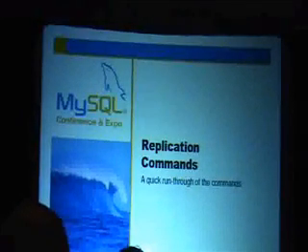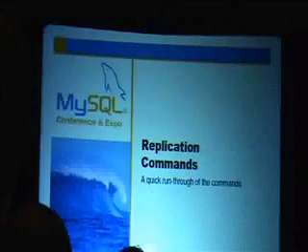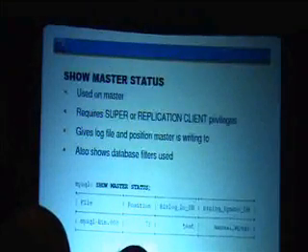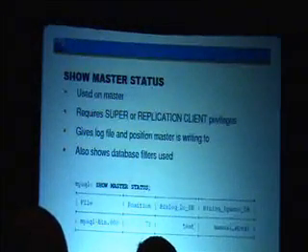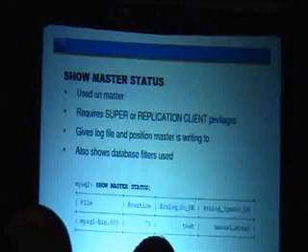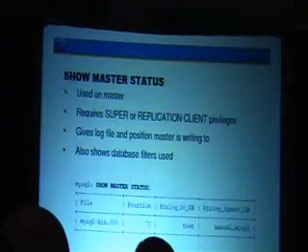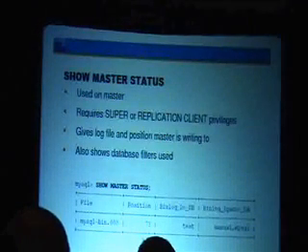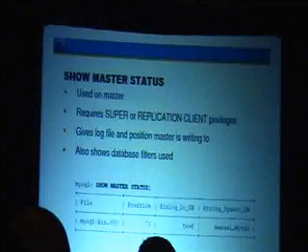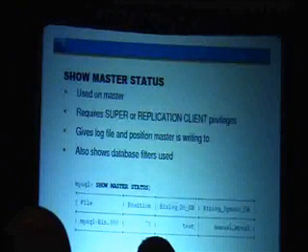So these are the replication commands. We run through them. We have SHOW MASTER STATUS. This is run on the master, and you need to have some privileges. What this does is that it shows the position of the binlog for the master, so you can see how far the binlog is.